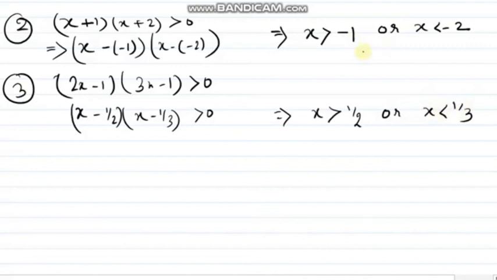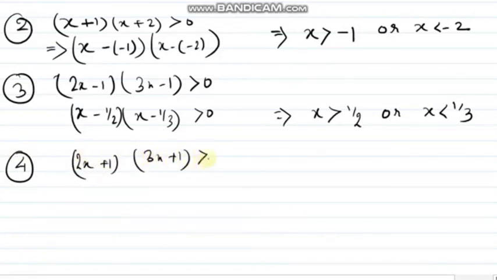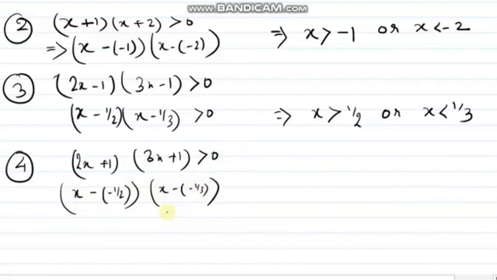Please be very careful, these are the odd solutions, that means both values can happen. Now (2x plus 1) into (3x plus 1) greater than 0. If I simplify, it will be (x minus of minus half) and (x minus of minus 1 by 3). Which one is greater, minus half or minus 1 by 3? Minus 1 by 3, right?